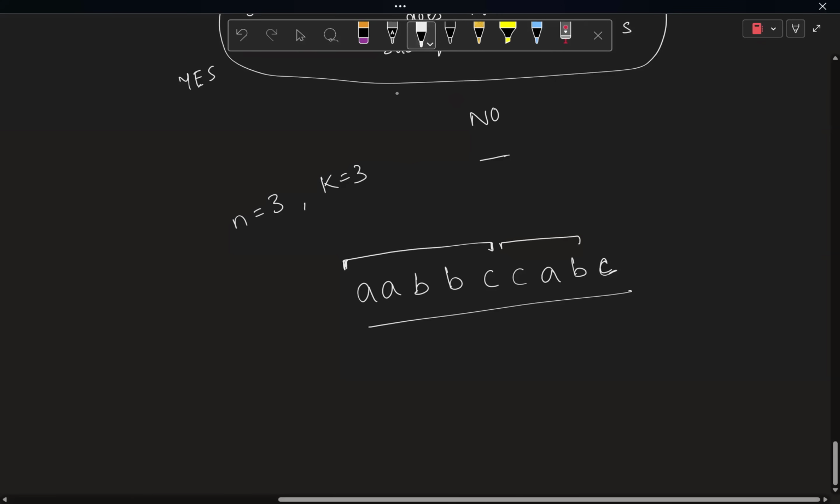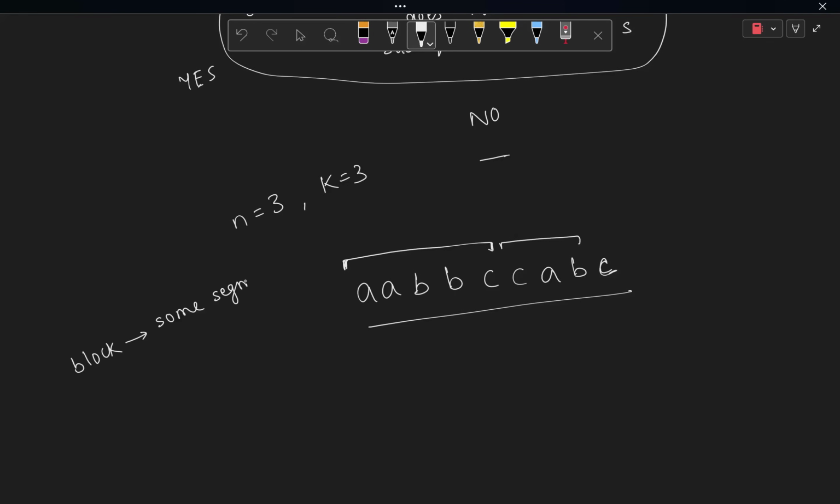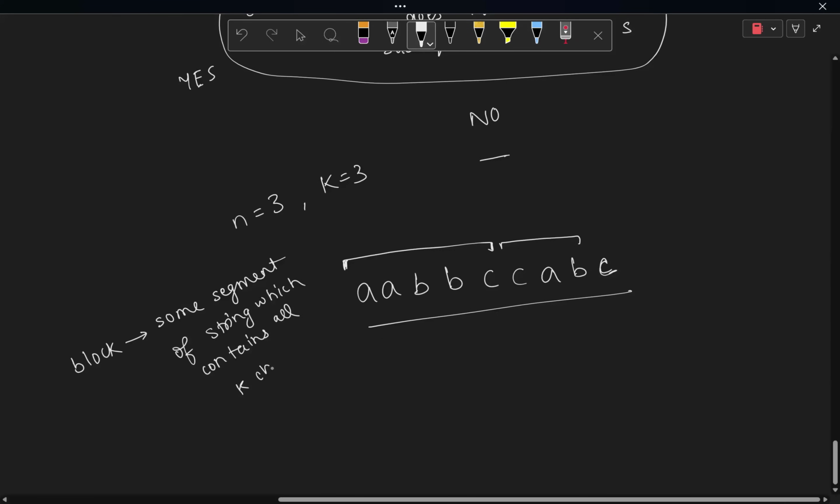So what I said was, a block is not any standard thing. I'm just naming it for the convenience of explaining. I call a block some segment of the string which contains all k characters, like this one. It contains A, B, B, and C. So A, B, and C are all coming up in this.